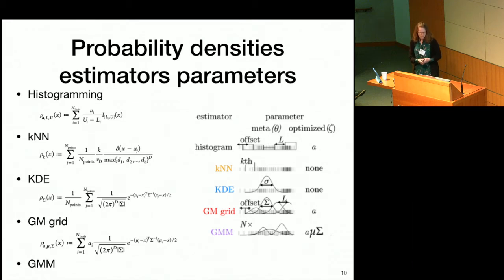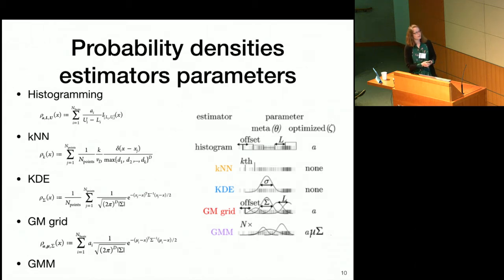As I mentioned, the counting basically is optimizing the amplitude of these indicator functions given the data, while the parameters that are spurious and that cause problems, and something should be done about this, are the offset and the size of the bin or the number of bins.